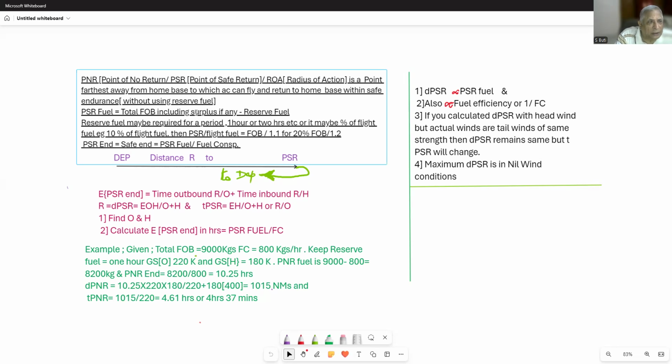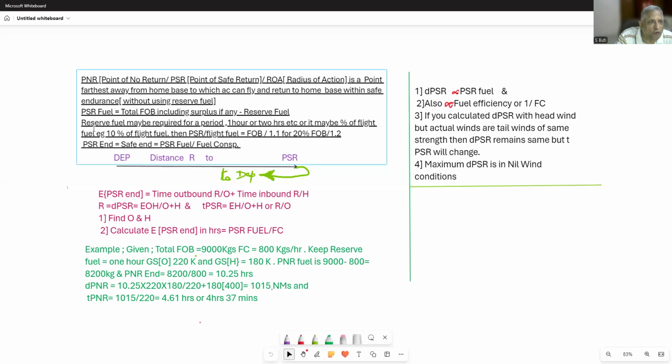And the PSR fuel which I can use is total fuel on board. If I have surplus, go ahead and use it, including surplus if any. Otherwise, it will be the flight fuel. Total fuel on board minus reserve fuel. So that means, in other words, flight fuel, and if you have a surplus, by all means, go ahead and use it.